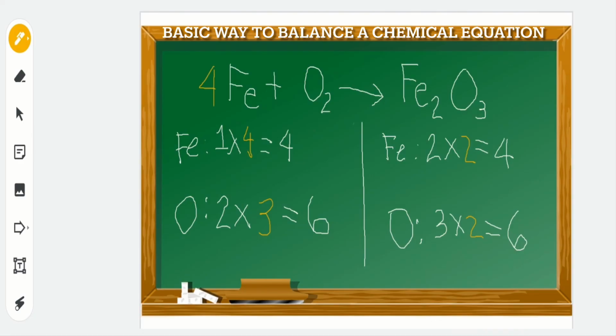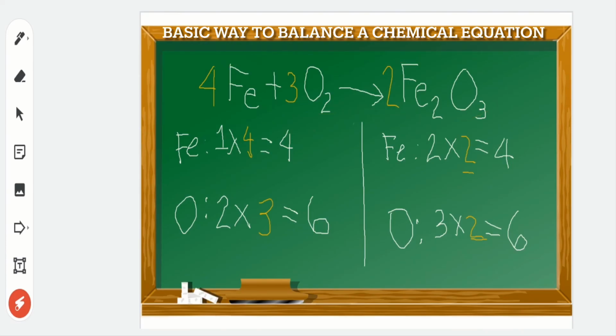Sa ating oxygen naman, molecule of oxygen, 3. And here, ang ilalagay natin sa ating molecule of iron 3 oxide ay 2. Lagay natin ng 2 dito. Yan. So, obviously, balance na ang ating chemical equation.